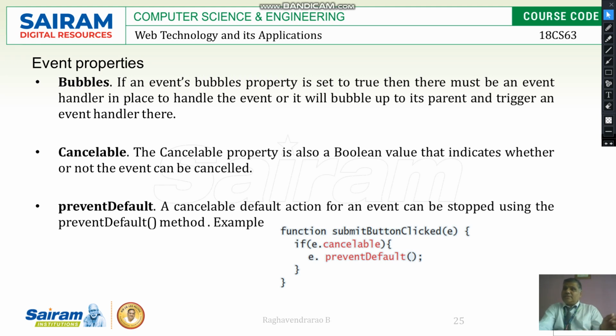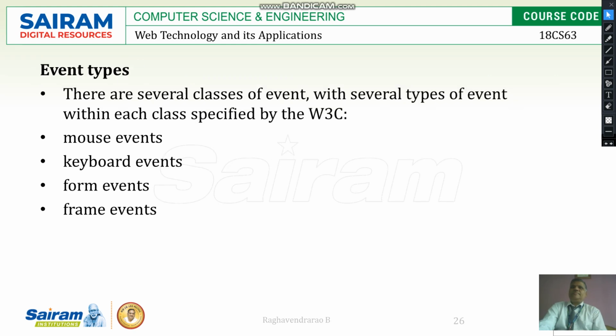Okay. Whether this is cancelable, that should be checked. If it is cancelable, then prevent default is nothing but before stopping, it should ask again. So like that it is going to be. Okay, it should basically display some error messages.